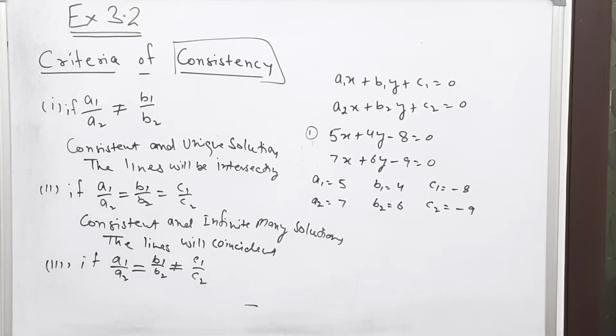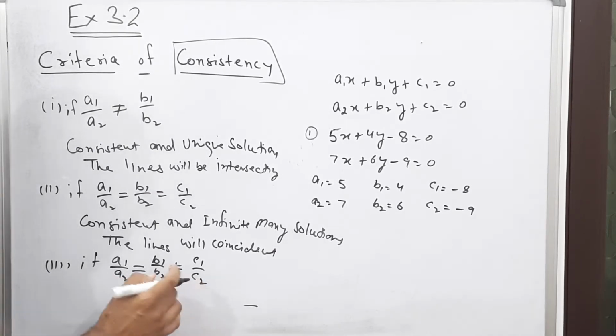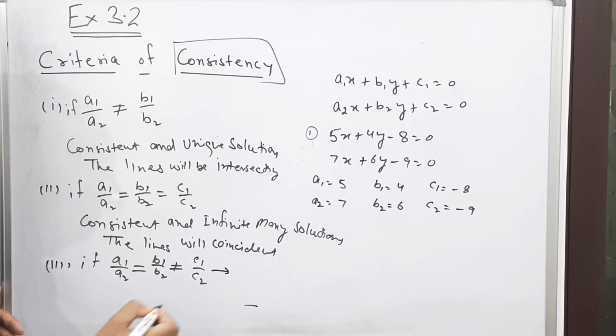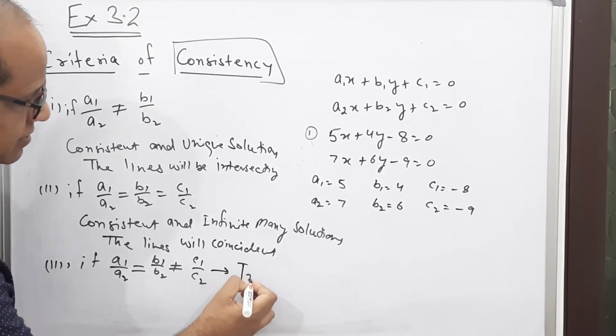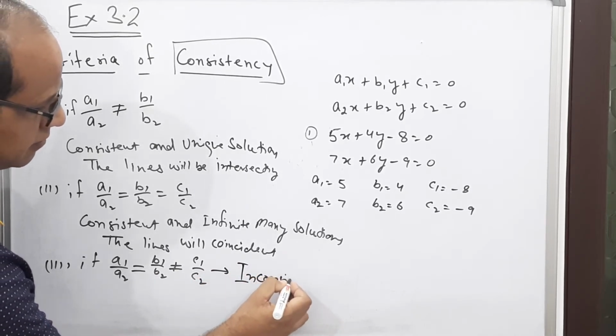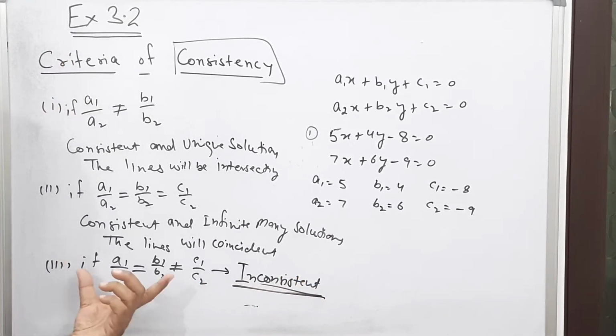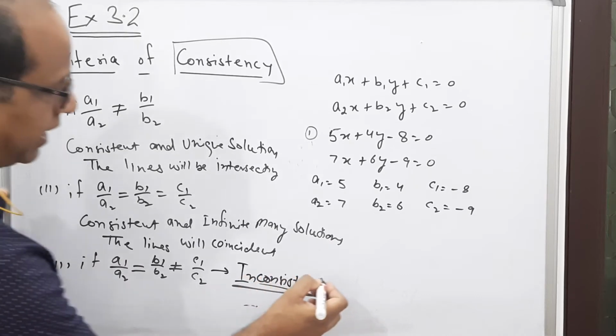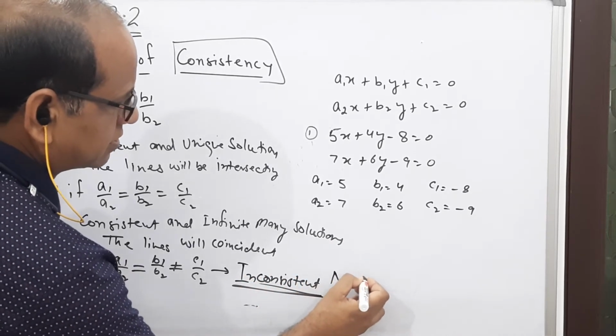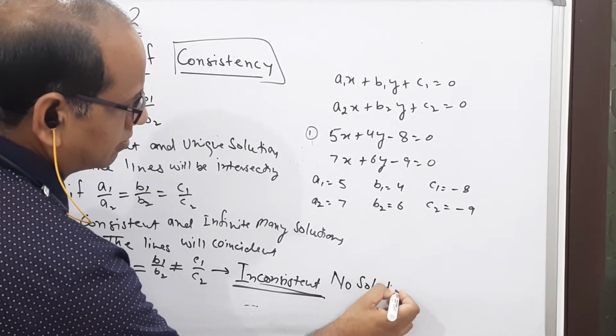It is very important: if the first two ratios are equal and the third is not equal, then it is inconsistent. This is very, very important. Inconsistent means there is no solution.